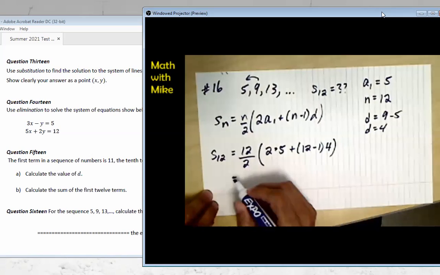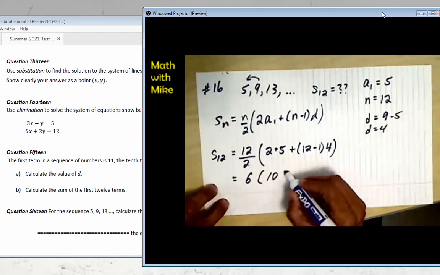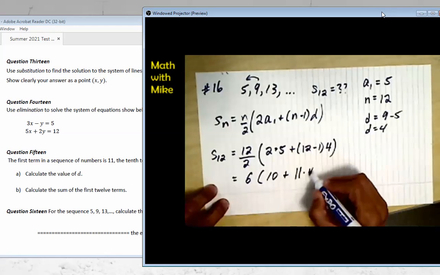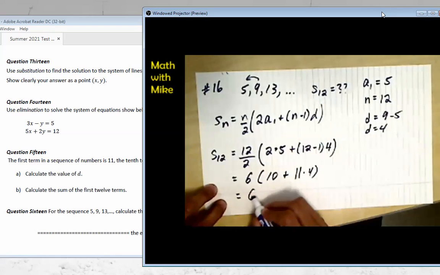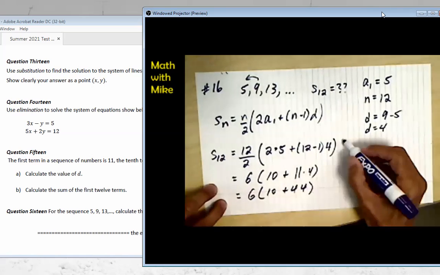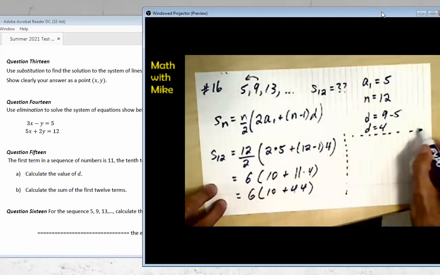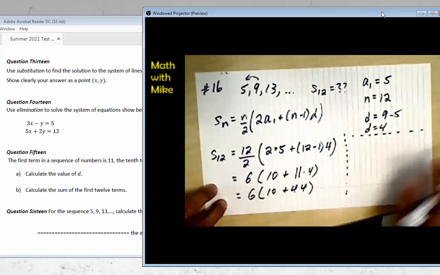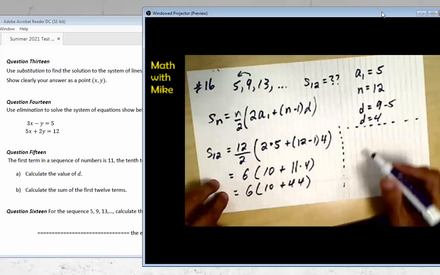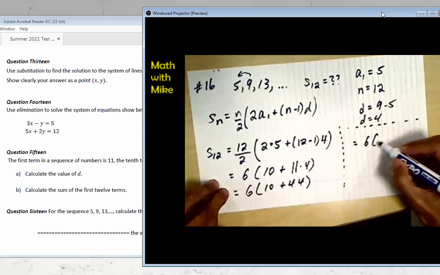This should be good. 2 times 5, 10. What's this? 11 times 4. For interest, you could do the rainbow here if you want and then add up those results, but it gets a bit awkward. So do it in the regular way.